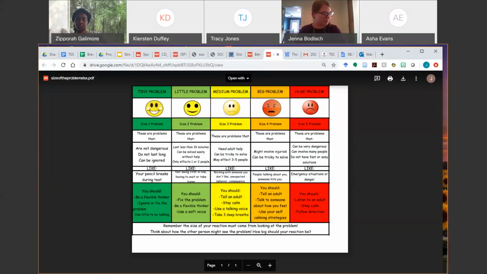However, I want to be mindful here with a problem that our student has or has a big reaction to that we might not understand is a big problem for them, even if it's perceived, even if it's not what we think. It could be a very, very, very real problem to this student or youth. So just keeping that in mind as we kind of go through this learning.